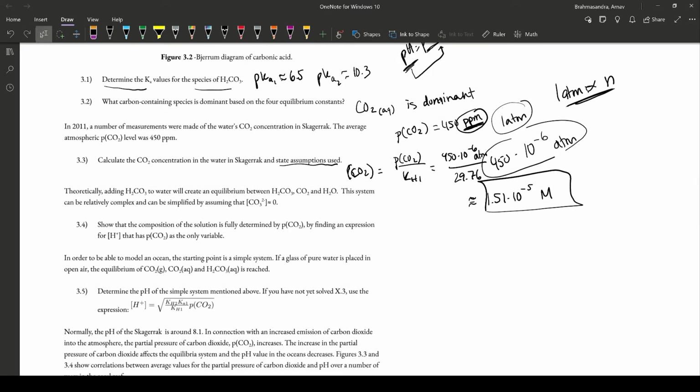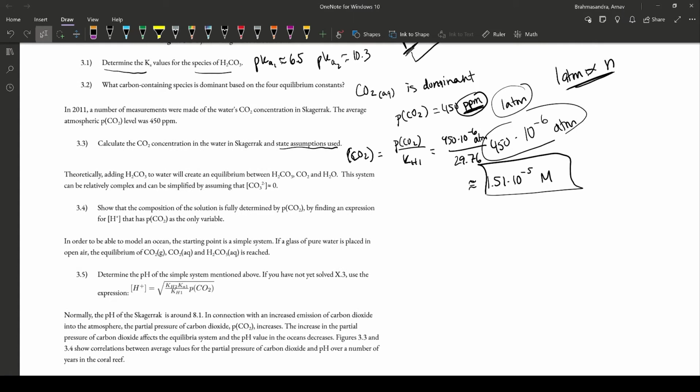Now let's go on to 3.4. Theoretically, adding H2CO3 to water will create an equilibrium between carbonic acid, carbon dioxide, and water, right? This system can be relatively complex and can be simplified by assuming that the carbonate ion concentration is approximately 0. So this is where I said in the beginning, they sort of give you the assumptions that you need.